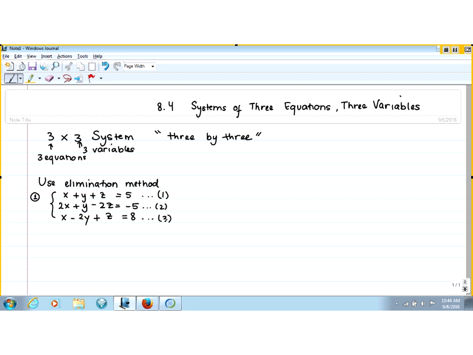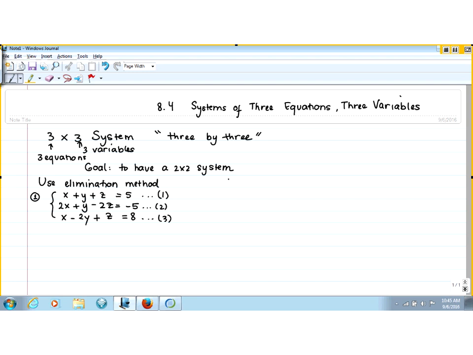I know we're going to solve it, but the goal behind it is to get a 2 by 2 system. So the goal is to have a 2 by 2 system. What do I mean by 2 by 2 system? 2 equations and 2 variables. That's our goal.